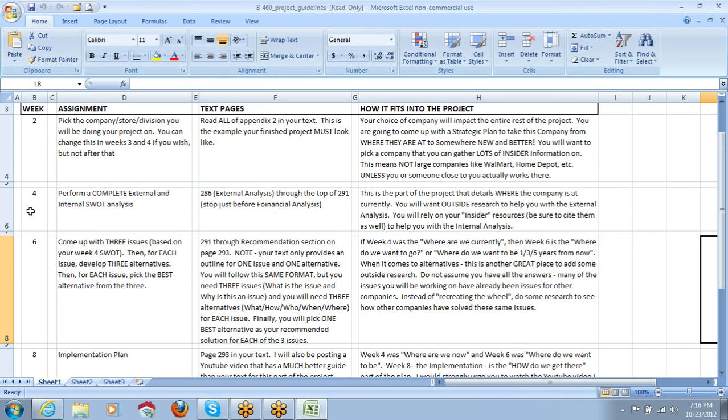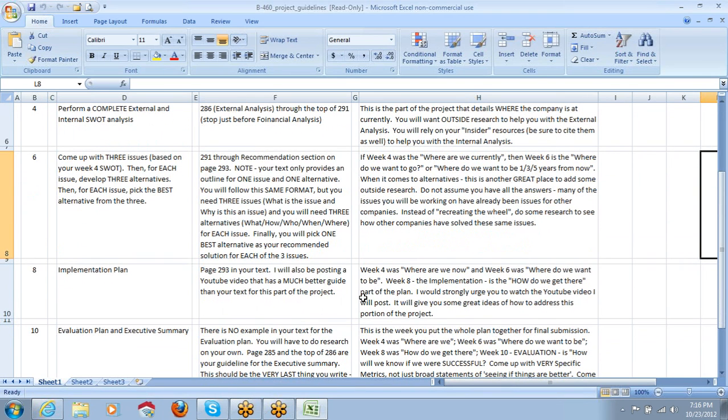If week 4 in the SWOT tells me what my threats are and what my weaknesses are, week 6 tells me how I am going to fix those weaknesses and how I am going to deal with those threats. Once I've done that, if week 4 is where am I at and week 6 is where do I want to be, week 8 is basically how am I going to get there?